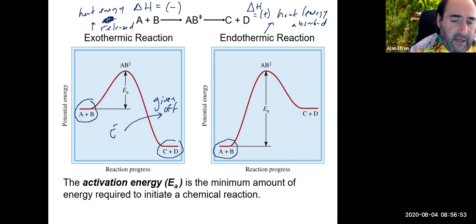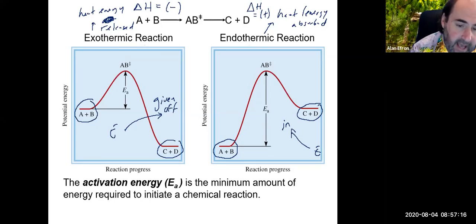In an endothermic reaction, our reactants are lower in energy than our products. So in order for our reactants to get up there in energy, energy has to be put in or absorbed. That's how, when you look at an energy diagram like this, you can determine whether it is exothermic or endothermic, by the placement of the reactants versus the products.